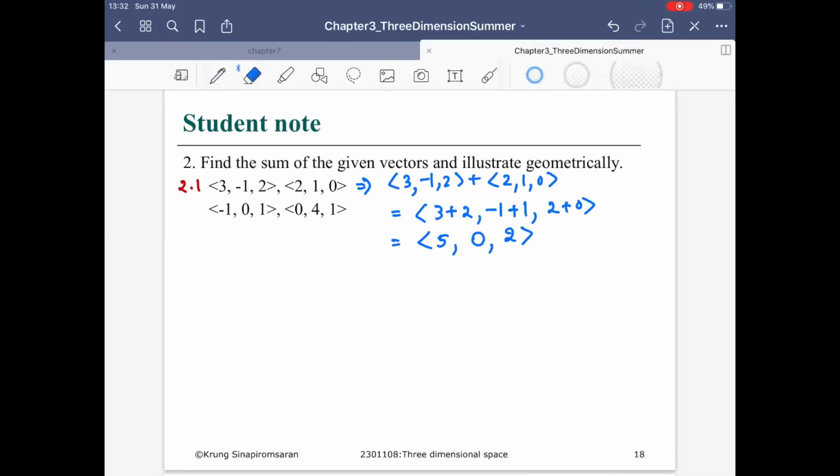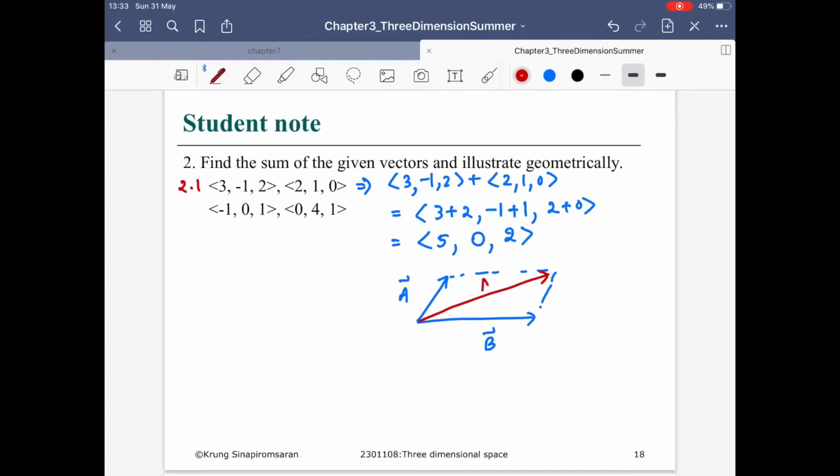To illustrate geometrically, you actually need to know how to draw a three-dimensional space very neatly. However, roughly speaking, if here is the vector a and there is a vector b, let's say that it starts from the same origin, then a plus b is usually represented by the diagonal of this parallelogram.